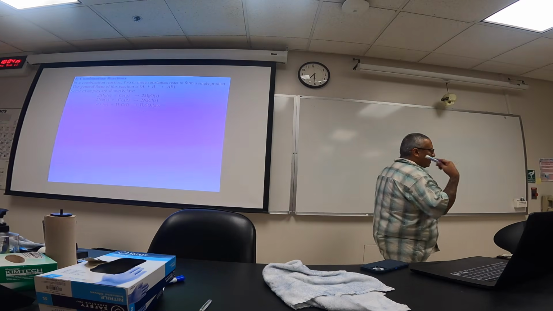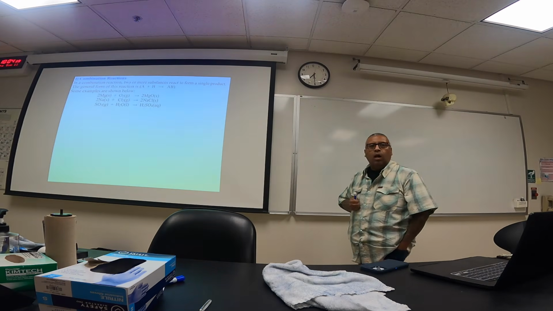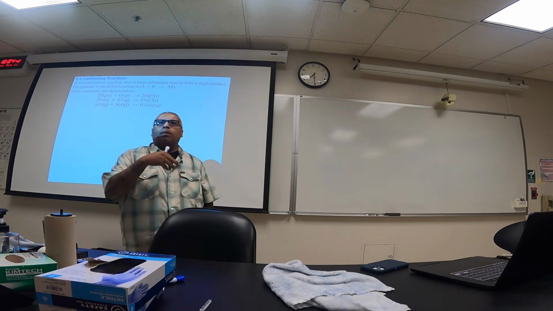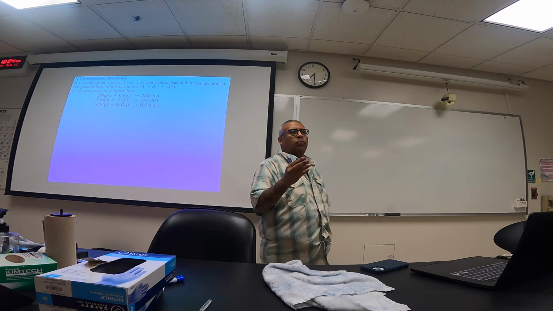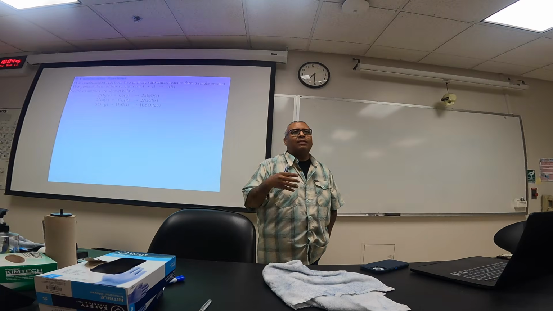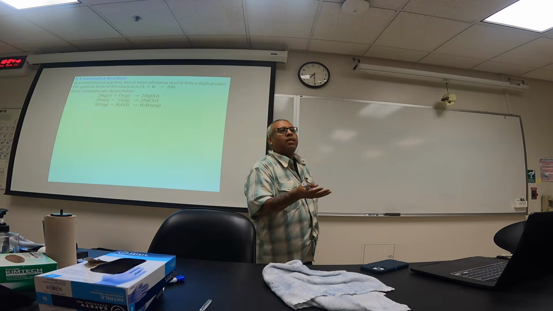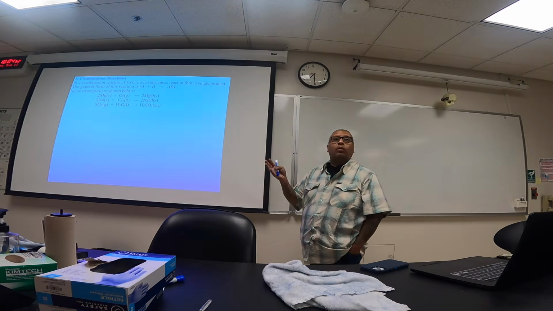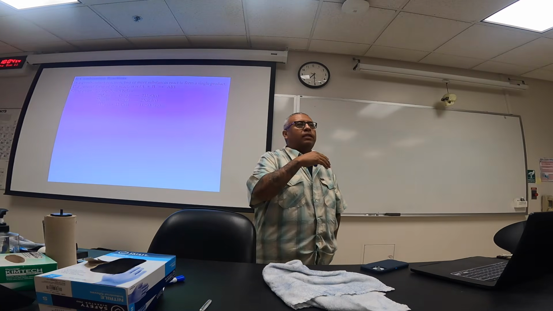So in these examples here, these are all what we call combination reactions. And just as the term refers to, we're going to take these reactants and combine them together. So we're only going to get one product in these reactions.